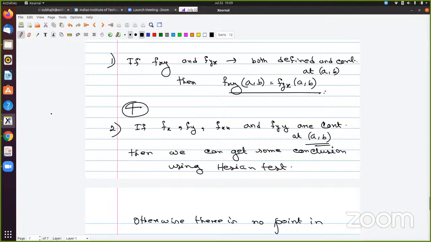If we can find fxy and fyx at the point and they are equal, then we can directly use it, but there may be some cases where fxx and fyy may not be continuous. So it's better to find all four second order derivatives.